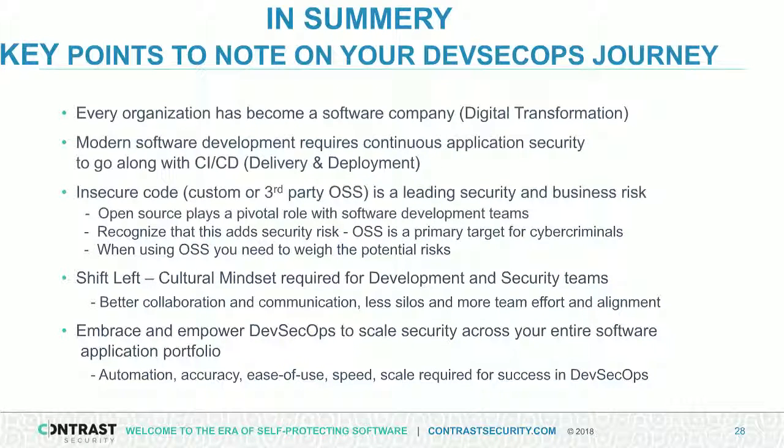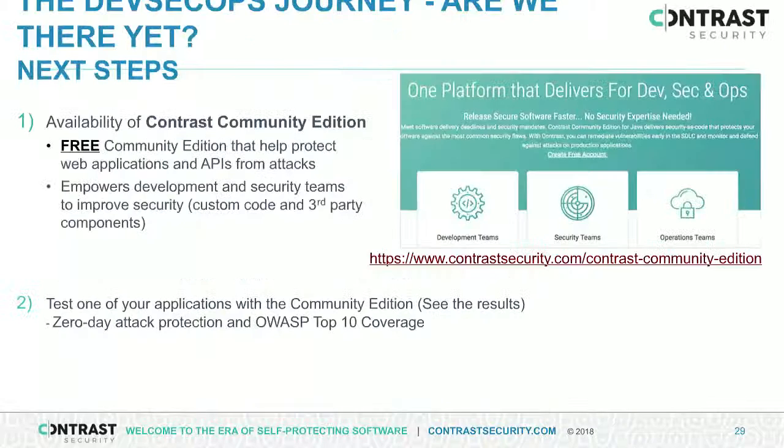That if you want to shift left, you have to have this cultural mindset for both development and security teams so that you can better collaborate and communicate, and that hopefully it'll result in less silos and more of a team effort and alignment. And then finally, just making sure that you're aware that in order to have true DevOps or DevSecOps, automation is key here, that you've not only got automation, but you've got accuracy, ease of use, speed, scale, in order to get to true DevSecOps.